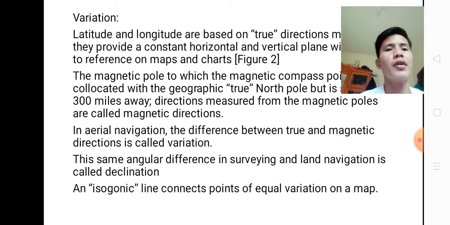In aerial navigation, the difference between true and magnetic directions is called variation. The same angular difference in surveying and land navigation is called declination. An isogonic line connects points of equal variation on a map.